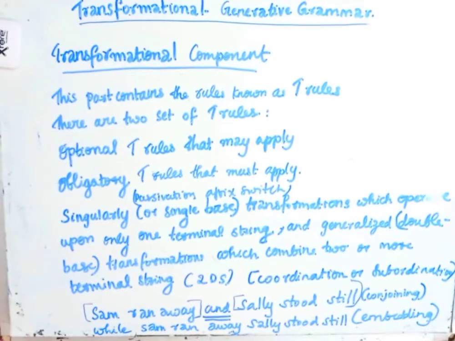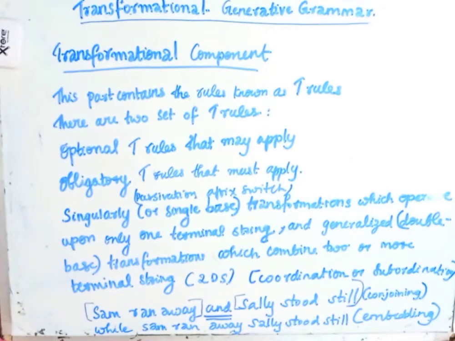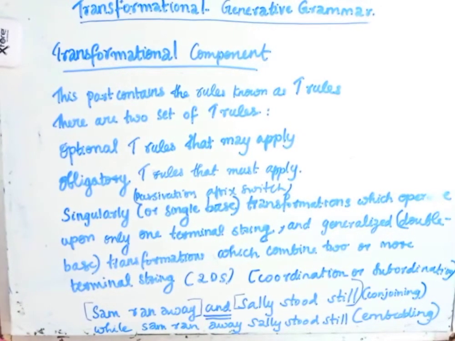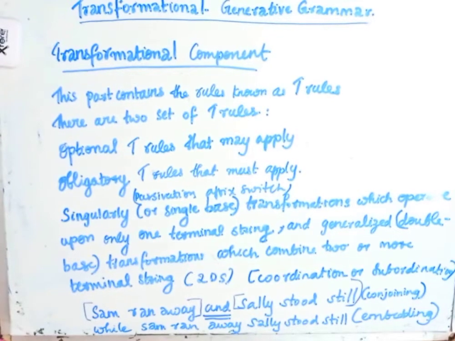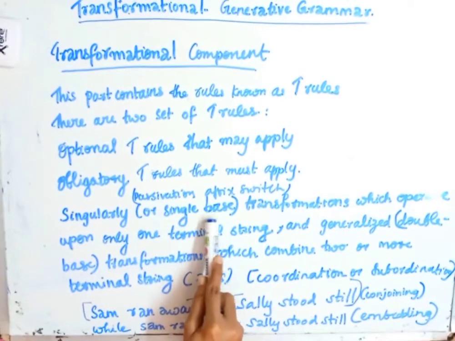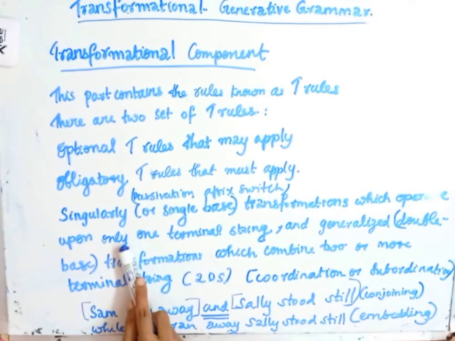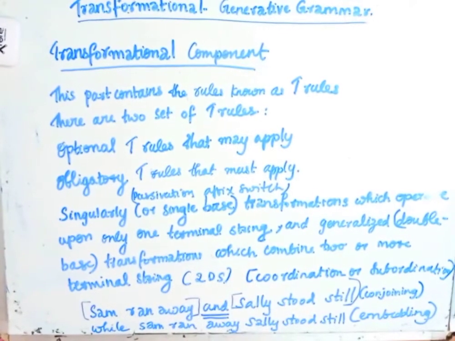Now you have two types of transformations in transformational generative grammar. There are two types of transformations that can occur in a sentence. One is singularly or single base transformation, which operates upon just one terminal string.